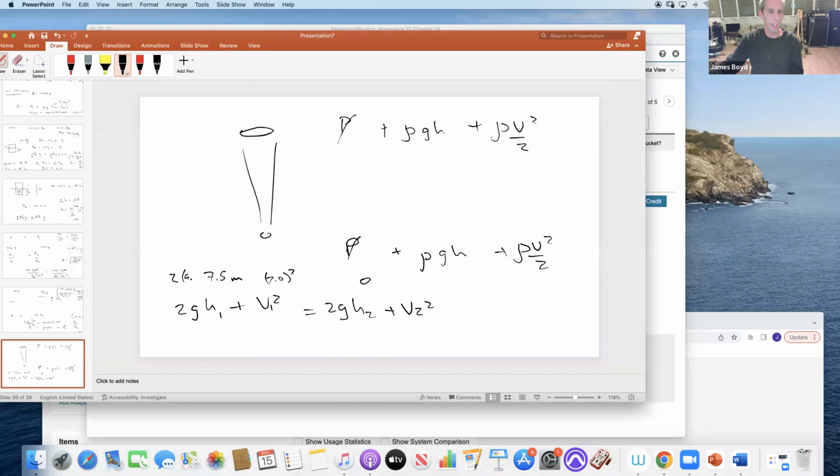This is 2, 9.8. This is 2 times 9.8 times 0, and this is unknown. So V2 squared is 4 plus 2 times 9.8 times 7.5. Okay. So 4 plus 2 times 9.8 times 7.5. Square root of that answer is 12.3 meters per second.